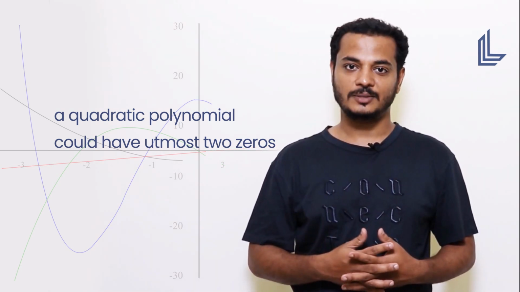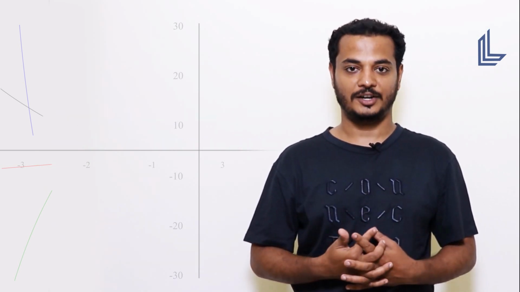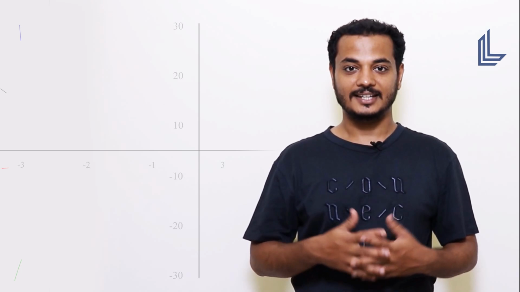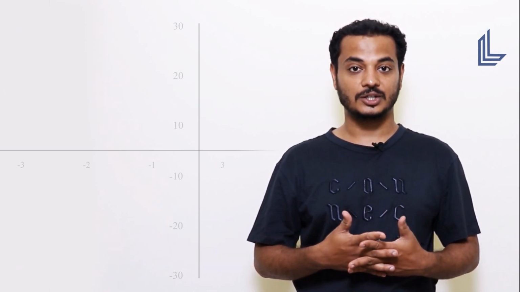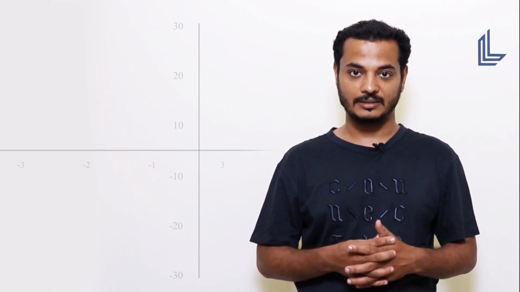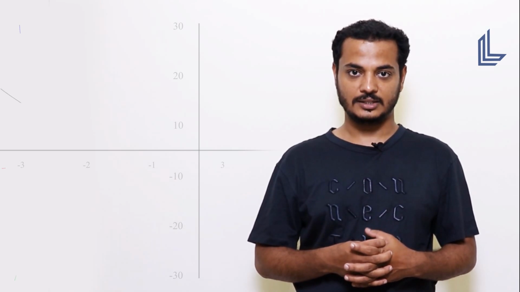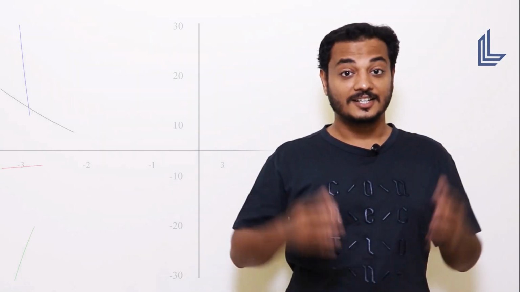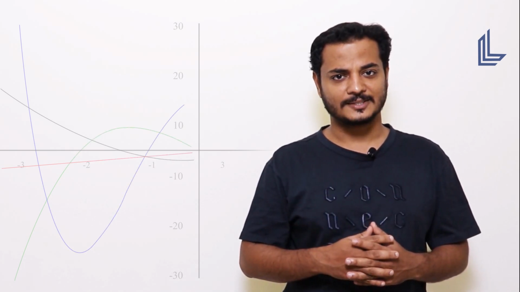So that's all about plotting quadratic polynomials and interpreting zeros of quadratic polynomials. In the next section, we will discuss how to plot cubic polynomials and interpret zeros of it. And we will also see few examples. Now this same process can be extended to any higher degree polynomials.